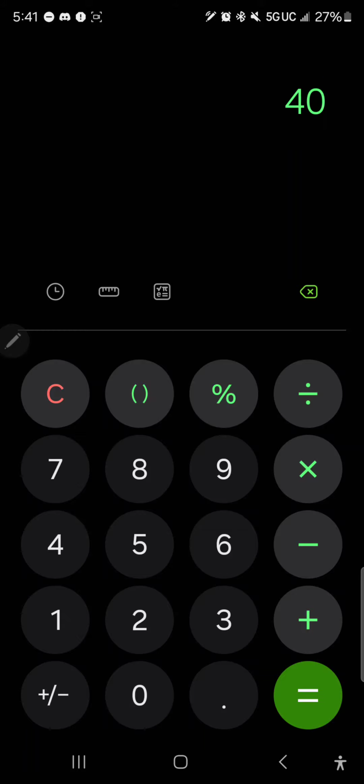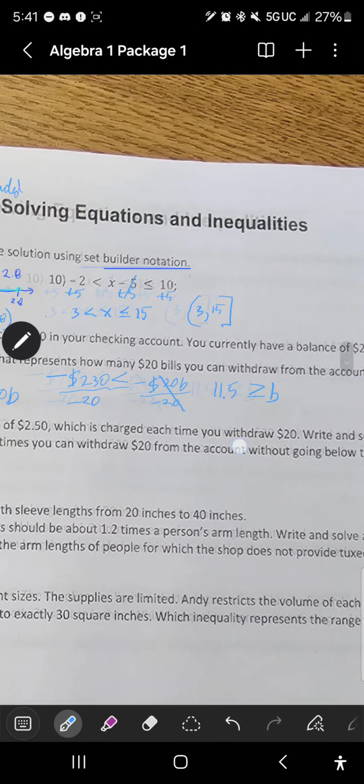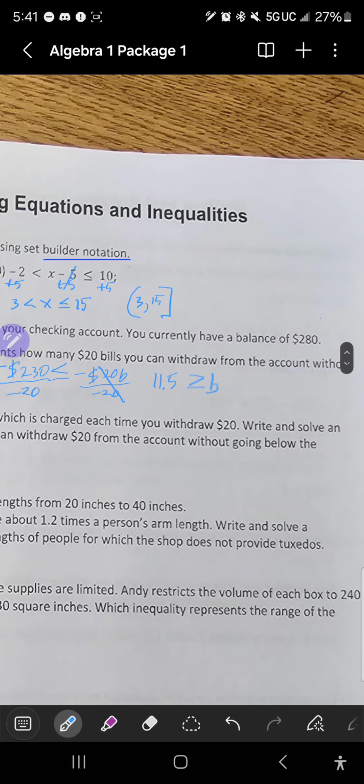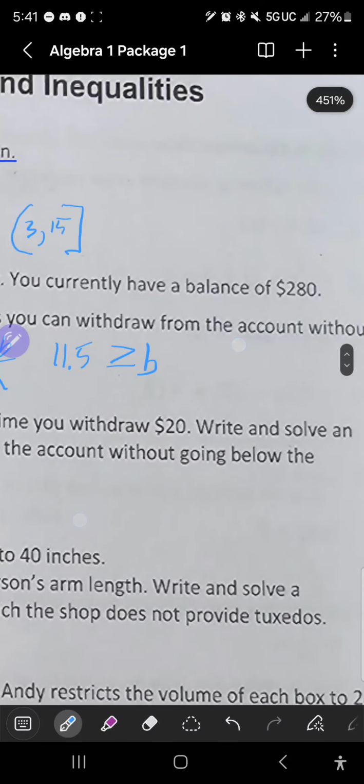And you cannot go under $50 in your account. You always need to keep at least $50. So the money you have needs to be greater than $50. That's the reason the answer is 11.